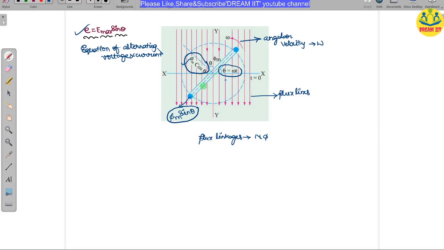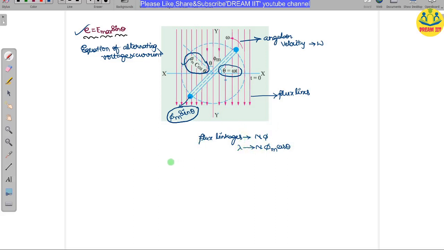The vertical component is not needed because it is parallel to the field line, but the horizontal component makes a different angle. That's why we consider N into phi max cos theta as the flux linkages.